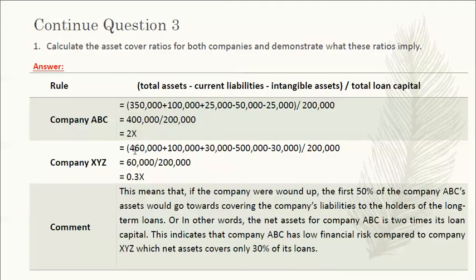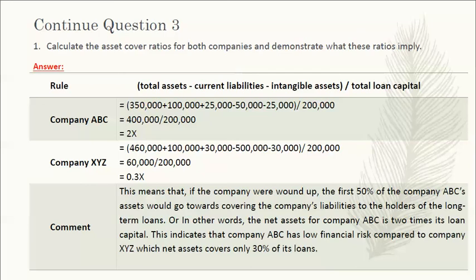So as a whole, as I've written here, first the current assets, which is 460,000, plus 100,000, which is the fixed assets, plus 30,000, which is the intangibles. So by this we calculated the total assets.